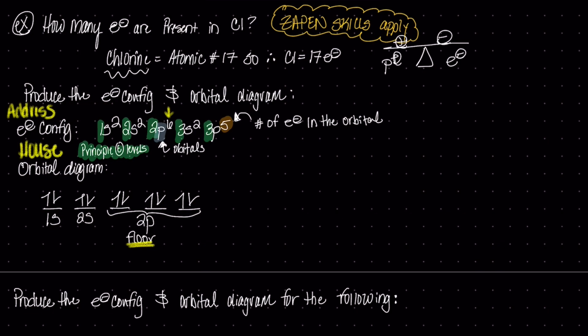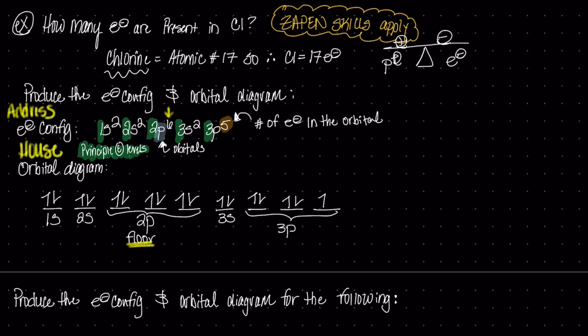Then we move on to 3s. 3s has 1 room that we can put 2 electrons in. Now we got 3p. P has 3 rooms, but this p orbital only has 5 electrons in it. So we have 1, 2, 3, 4, 5.